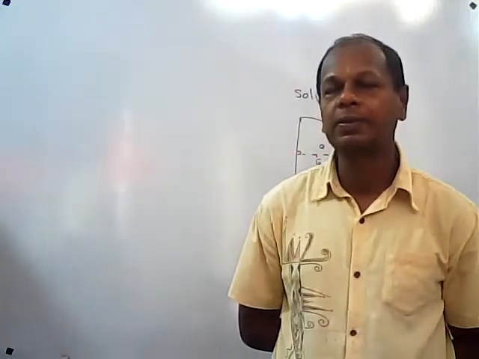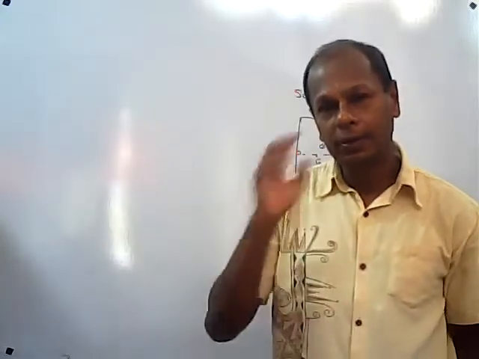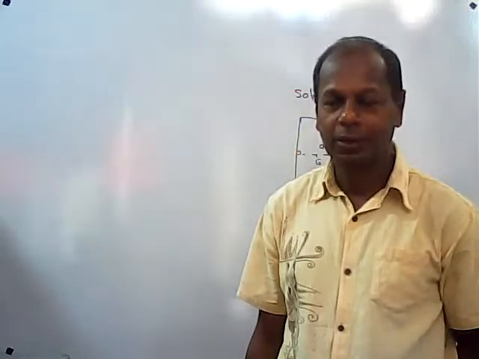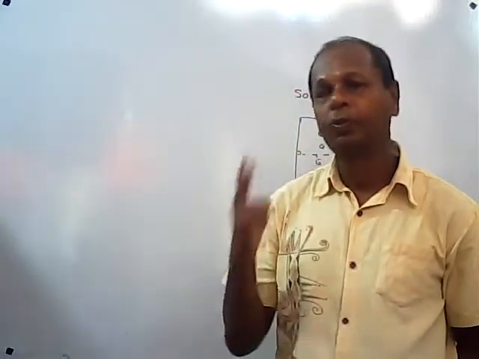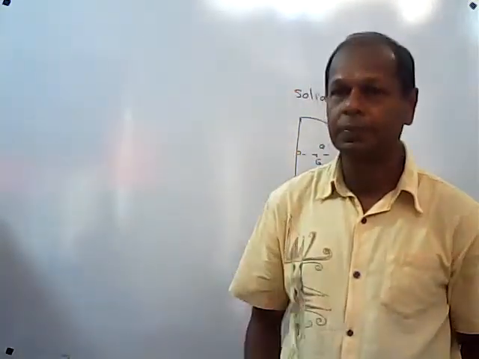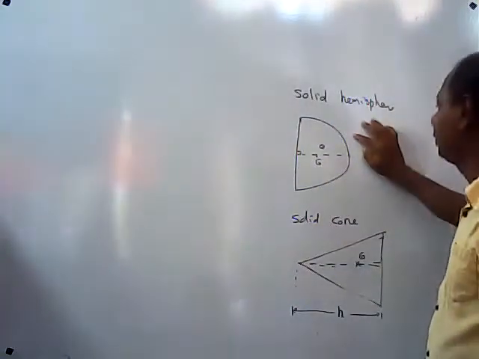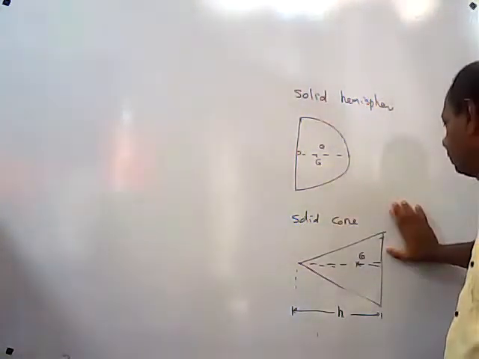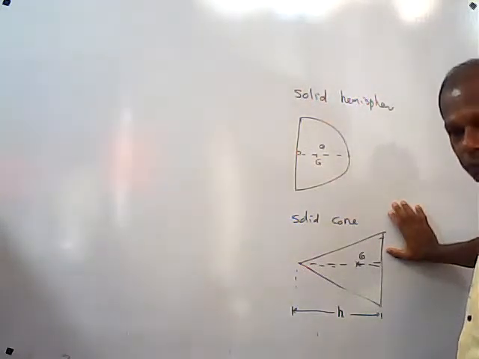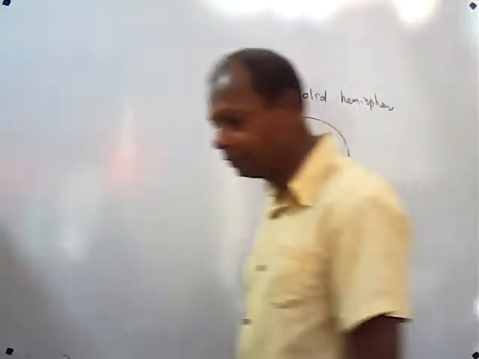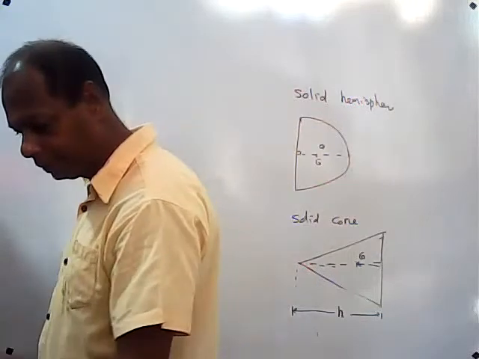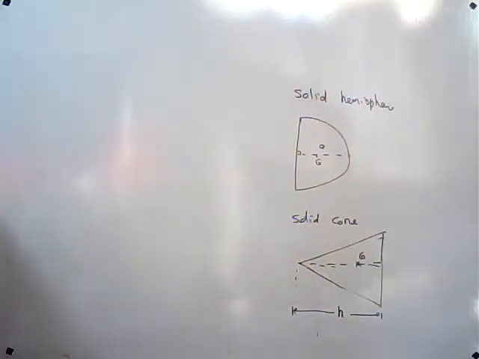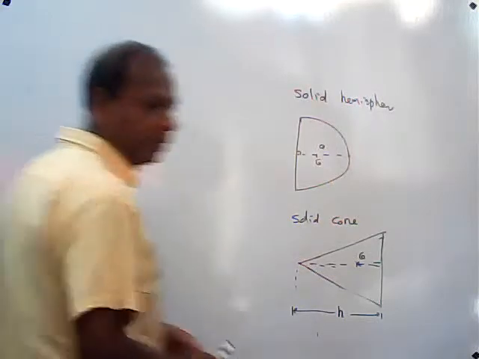Right. Last day we started to find the center of mass of some standard shapes, standard objects. We found only two of them: a solid hemisphere, of course uniform, and a solid cone. For a solid hemisphere, the center of mass stays at, what is the distance?